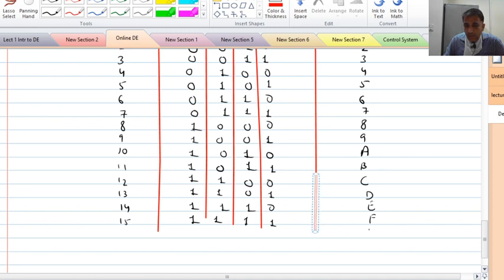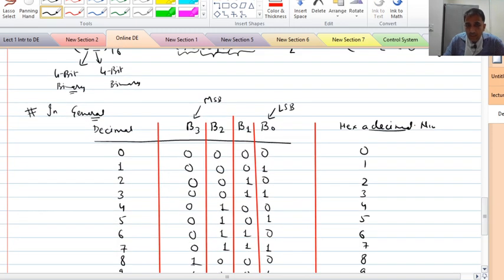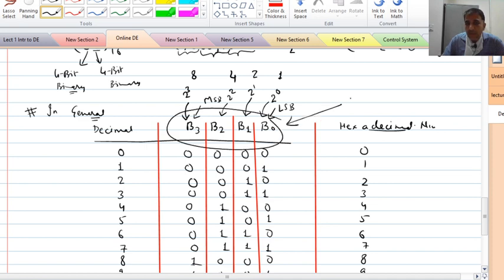And what actually is this? This position represents 2 raised to power 0, this position represents 2 raised to power 1, this position represents 2 raised to power 2, this position represents 2 raised to power 3. So 2 raised to power 0 is equal to 1, 2 raised to power 1 is equal to 2, 2 raised to power 2 is equal to 4, 2 raised to power 3 is equal to 8. So this format is also known as 8421 coding or representation.